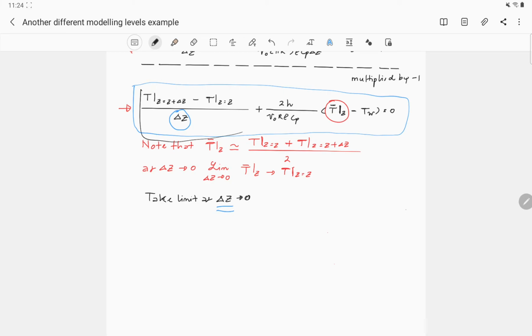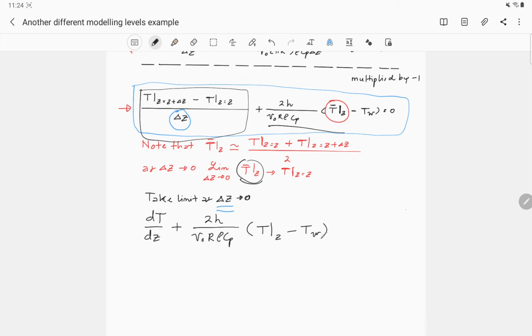Once we do that, this term will become dT over dz, and this one will basically maintain the same thing. So this will be 2h divided by V0 R rho Cp. As delta Z approaches 0, this notation will be T at Z minus T W, the wall temperature.